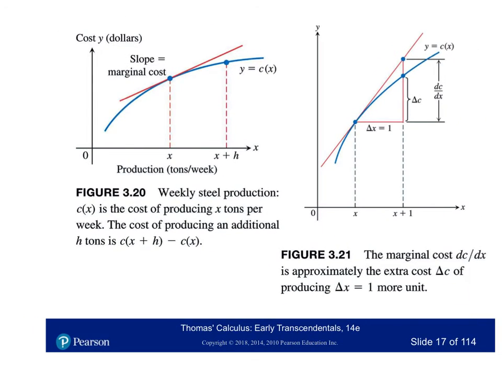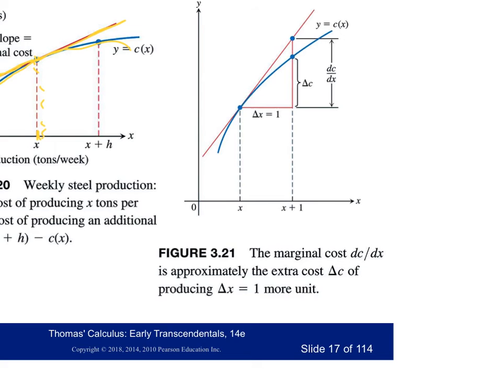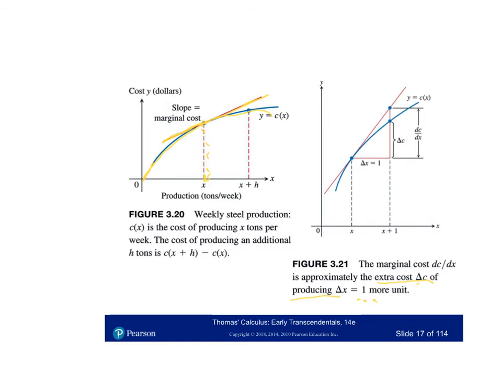Here's the picture of C of X. And here's the X. So the tangent line is the slope, which stands for your marginal cost. The other picture in your book, the marginal cost is approximately the extra cost, the change of cost of producing one more unit, which is what I was saying a minute ago.